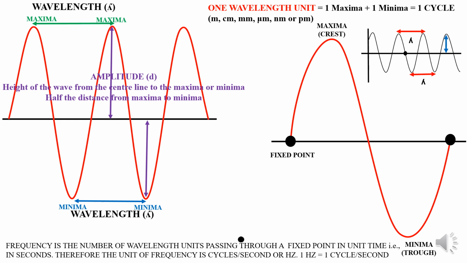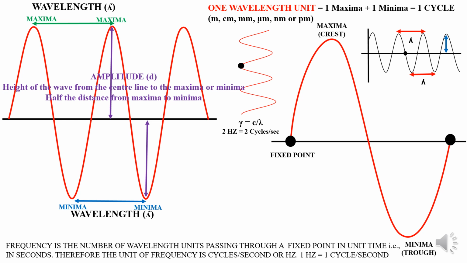Now, what is the frequency? Frequency is the number of wavelength units that pass through a fixed point in unit time. Here we see that in this given fixed point, two waves have passed through. And the frequency will be 2 cycles per second.